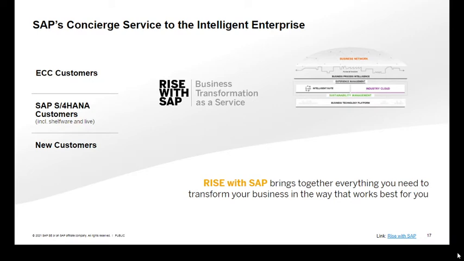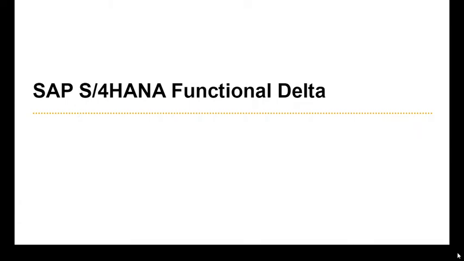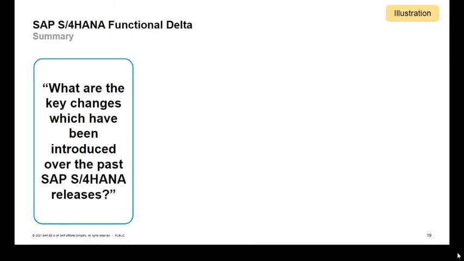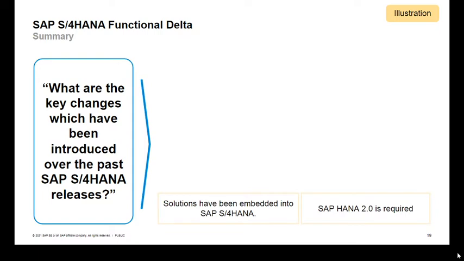So let's have a quick look at some of the S4HANA functional delta. And this is just a little bit illustrating what I've shown before on the other slide. Again, we have started to make changes to the embedded solution, something we have built up. We have now SAP HANA 2.0, which is required for our latest releases.